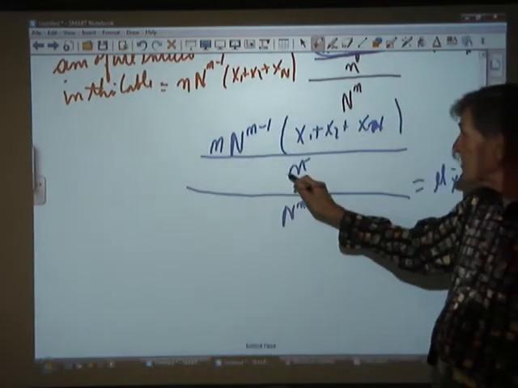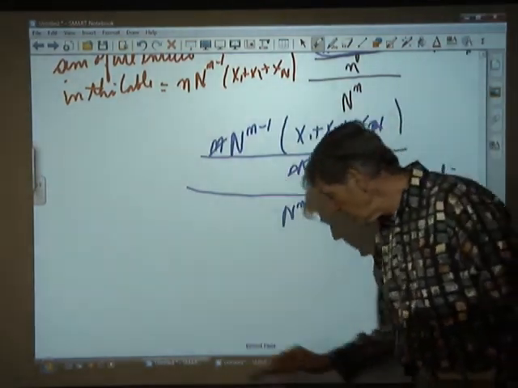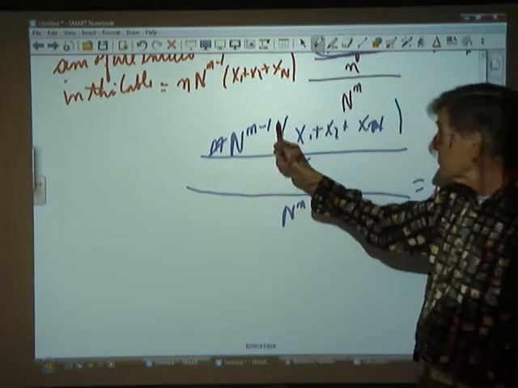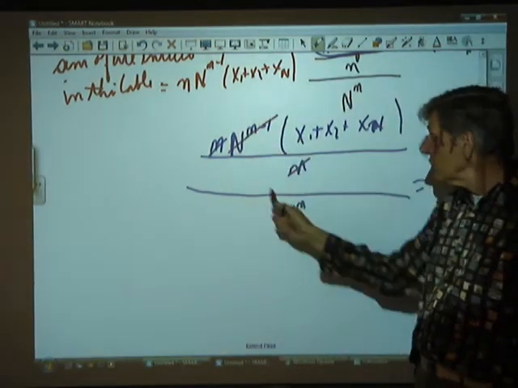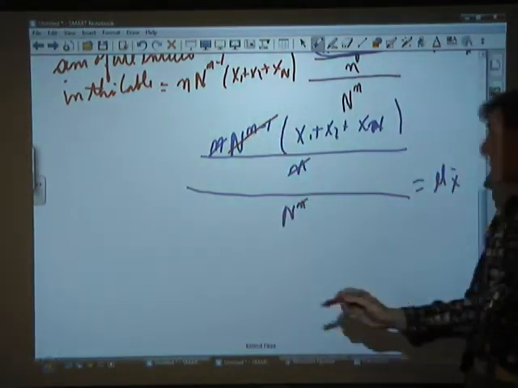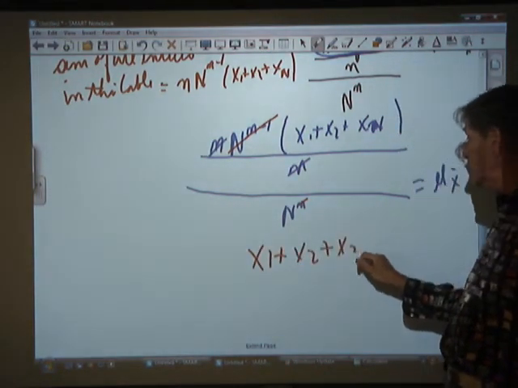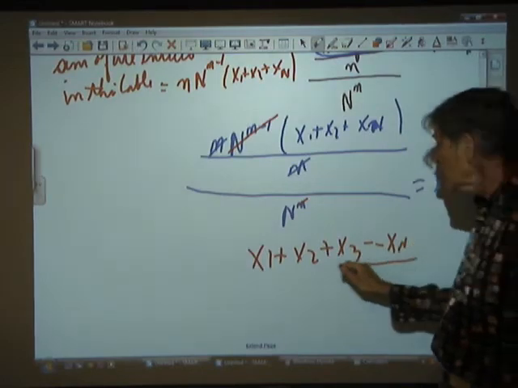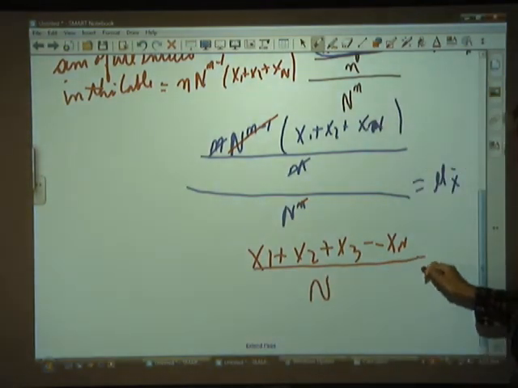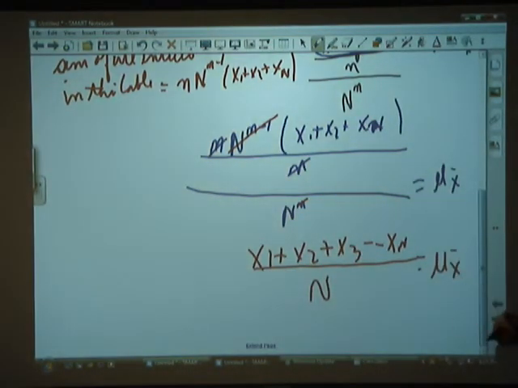Notice what cancels. The n cancels with the n, and the N to the n minus 1 cancels with the N to the n, leaving a single N. So what we're left with is x1 plus x2 plus x3 all the way up to x sub N divided by N is equal to the mean of the sample means.